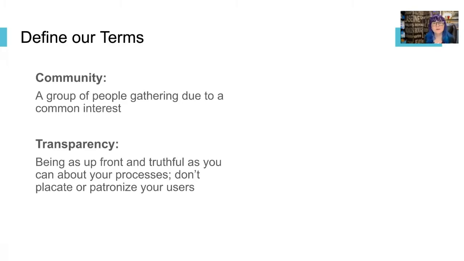It's just being clear about your processes and what your company does when you are part of being a developer or your DevOps process, sharing what you can as frequently as you can. But it's not about just placating or patronizing your users. It's about sharing with them.